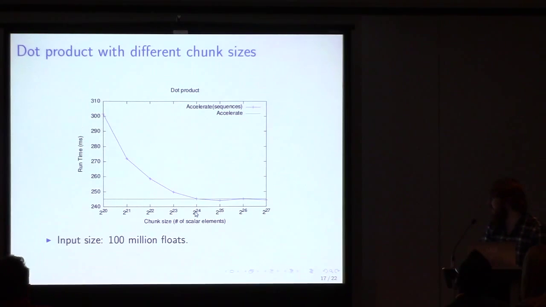Once we hit a chunk size of roughly 16 million floats, we have more or less the same performance. So this indicates that this is probably a good number for the magic number we need to find for our particular backend. And our particular backend has 5 gigabytes of memory, so that would allow us to have hundreds of streams live at a time, so that's good.